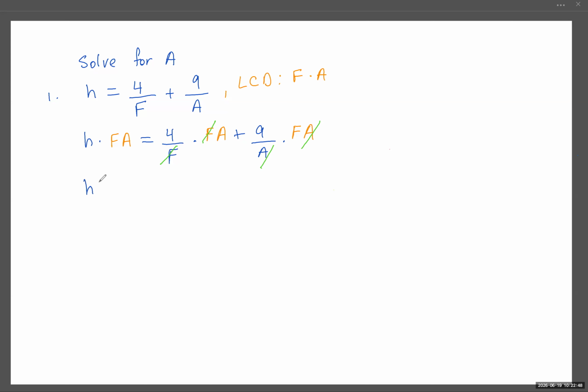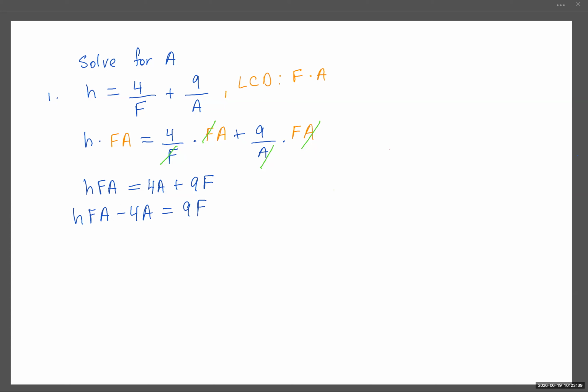This is h times fa equals 4a plus 9f. Now it's a linear equation, which is easier to deal with. We're solving for a, so we need to put all the a's on one side. hfa minus 4a equals 9f.